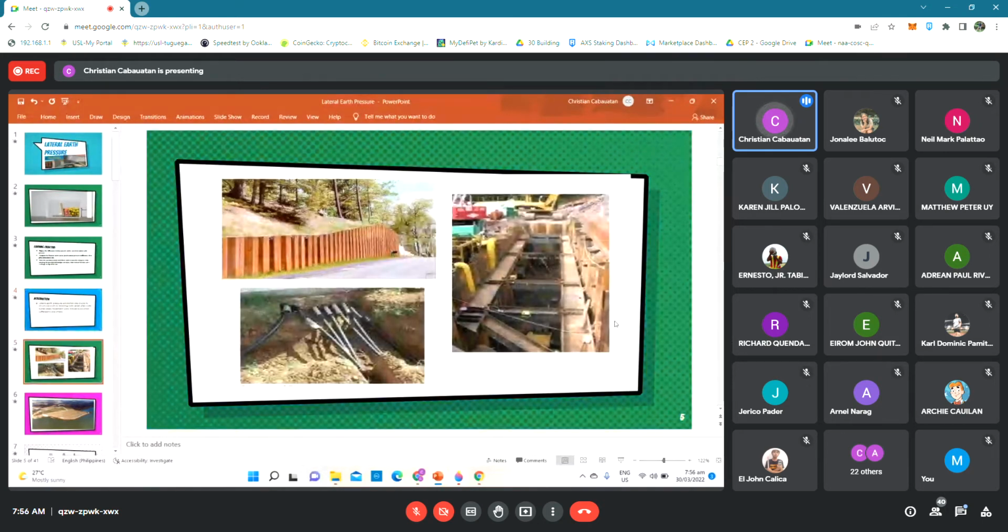So these are the common types of retaining walls or sheet pilings that are placed. One of the examples is if you go to Tabuk or in some areas, near the downstream. I don't remember exactly where that downstream is.